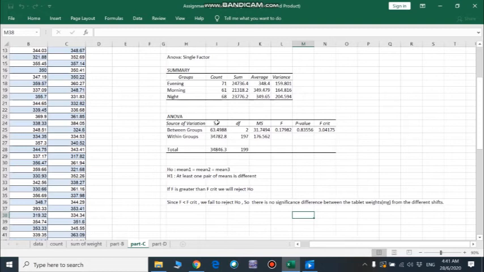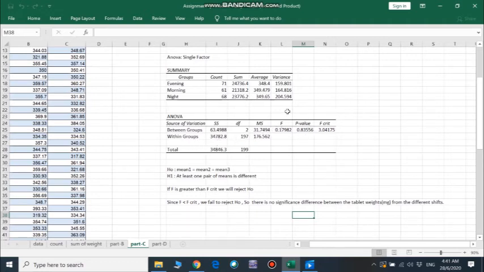The SS represents the sum of squares, the DF represents the degrees of freedom, and the MS is the mean of the sum of squares.